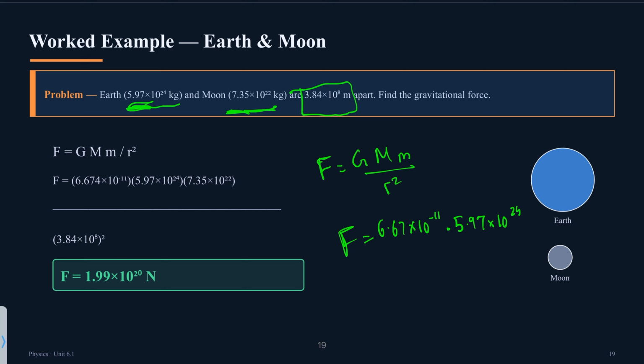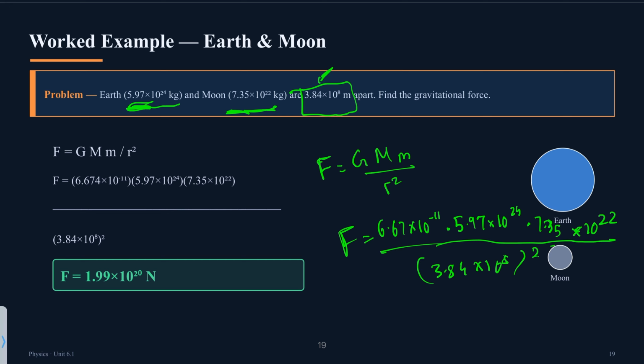And the moon's mass is 7.35 times 10 to the 22, right? And then all of that over our distance squared, which is going to be 3.84 times 10 to the 8. And then we're going to have to square that, right?